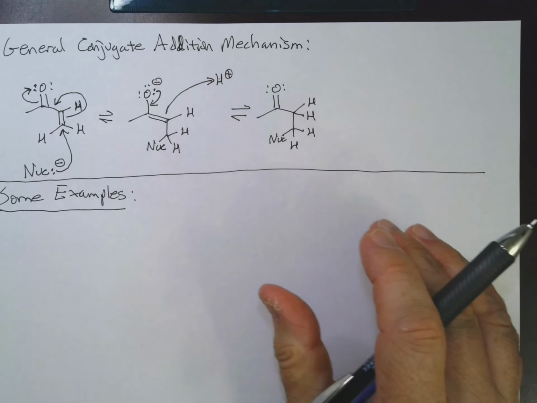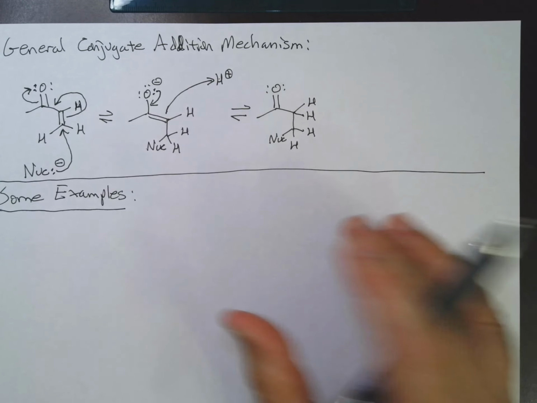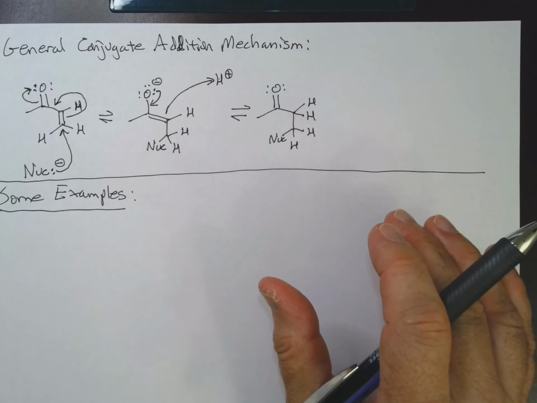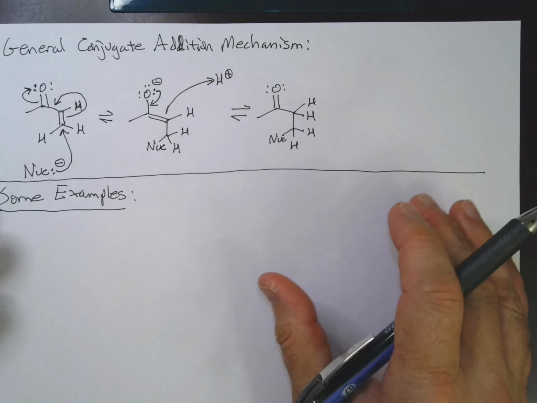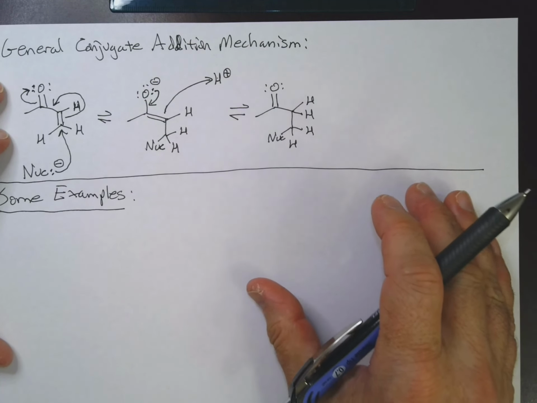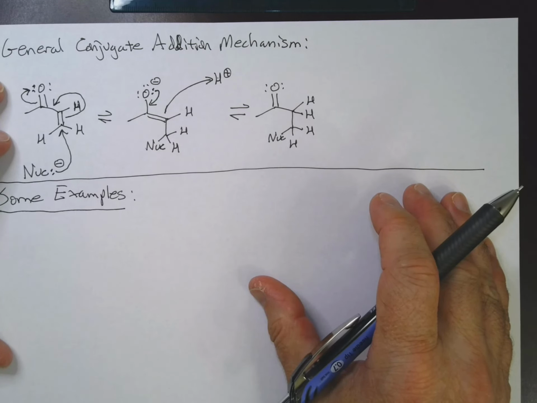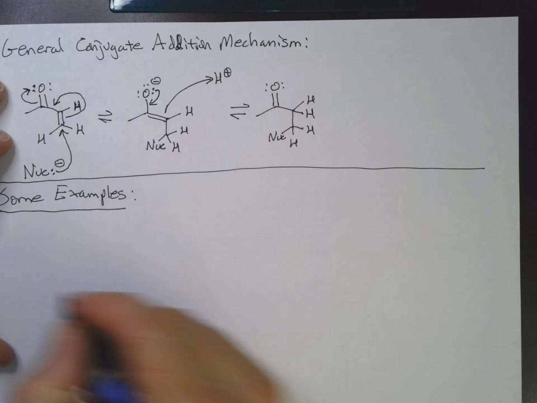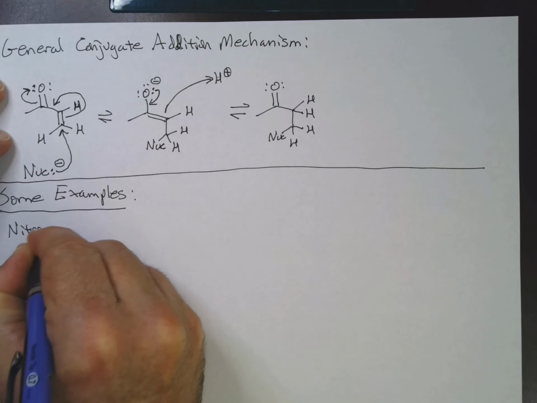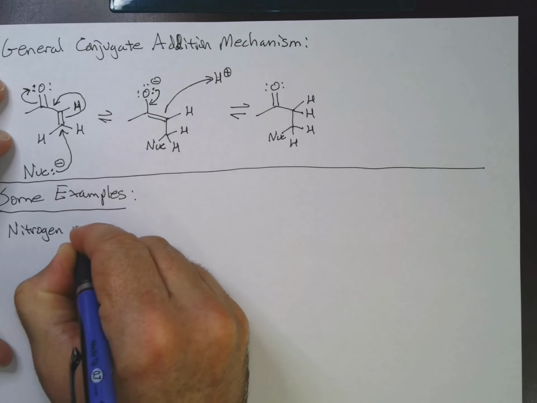We could, of course, have the Gilman reagents, so the organocopper reagents, and we could have, say, oxygen. We could also have nitrogen, which is probably most interesting.